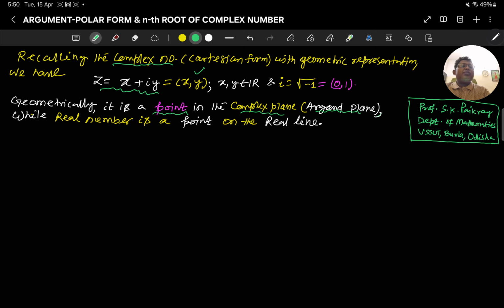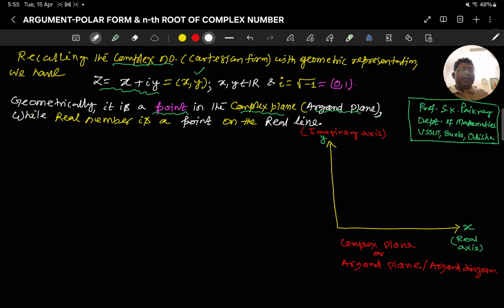Now coming to the geometrical representation, we have our x-axis, the horizontal real axis, and our y-axis, the imaginary axis. Now let me consider a point (x, y).